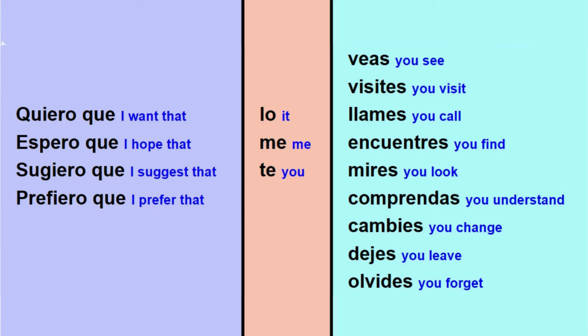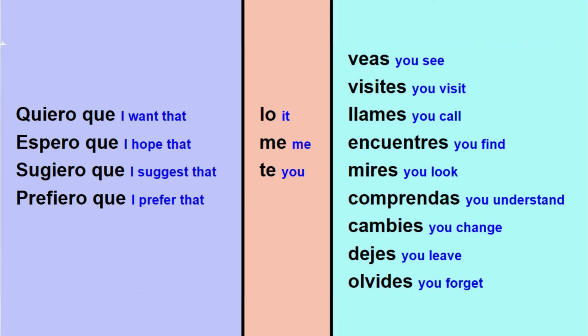We can only stick them on the end of an infinitive or some other things like imperatives, but not a normal conjugated verb. So lo veas, you see it, present subjunctive. Me llames, you call me, present subjunctive.